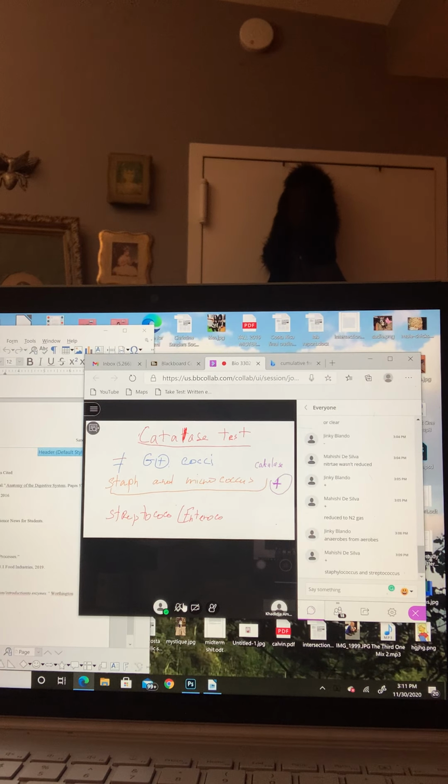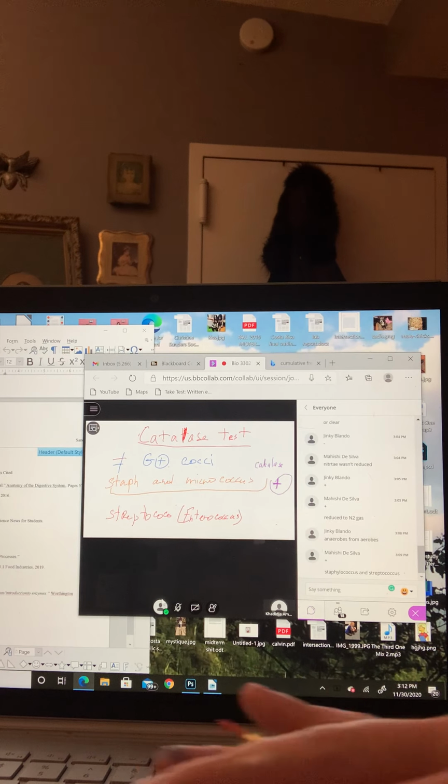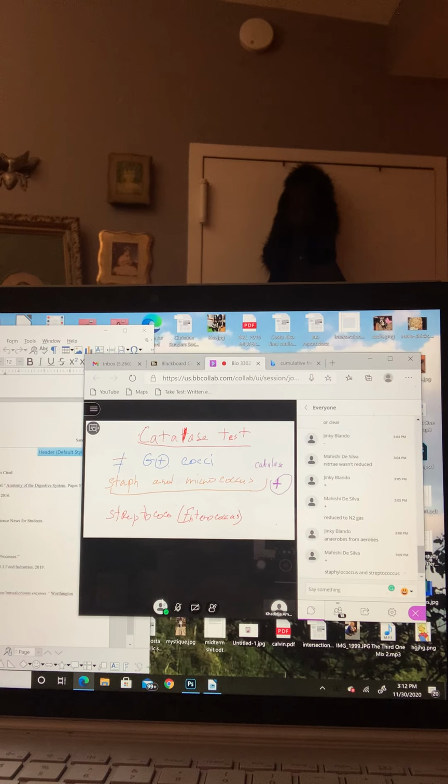Okay, Enterococcus. So it's catalase negative, yes or no? We talk about the Streptococcus maybe this week, okay? The different types of Streptococcus, okay? We have the Enterococcus, okay? So this is catalase negative.